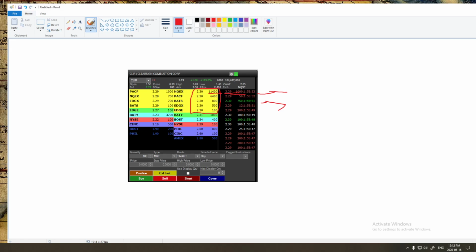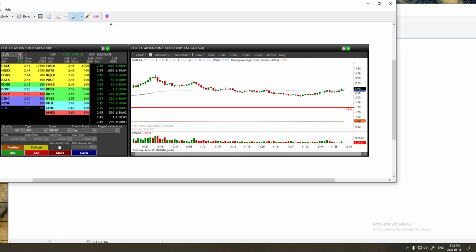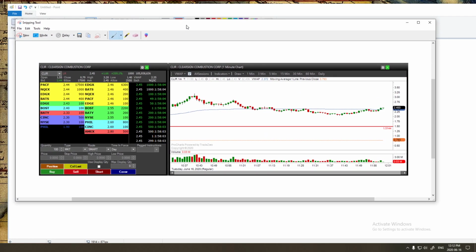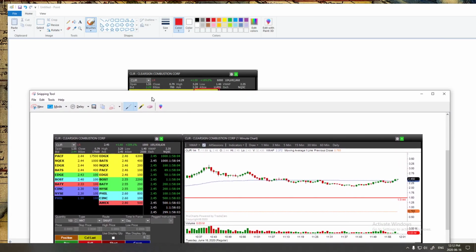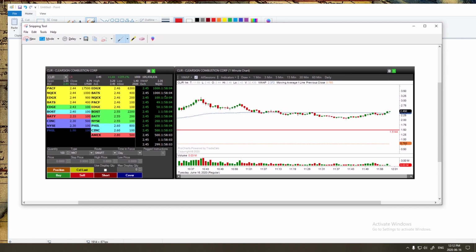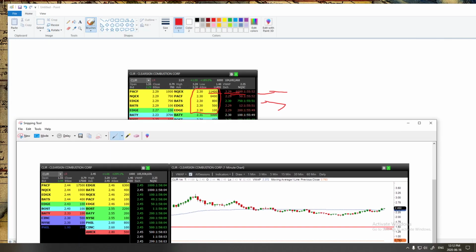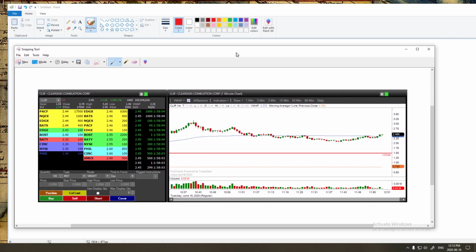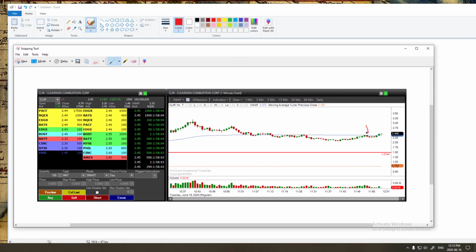I'm going to give you another example. Let me remove this one. Okay, so I took a screenshot. You can see it's actually the same ticker, but a couple of minutes after. You see this thing had sellers at 230 and everything, it was around this price.